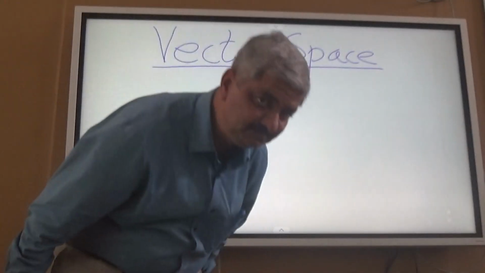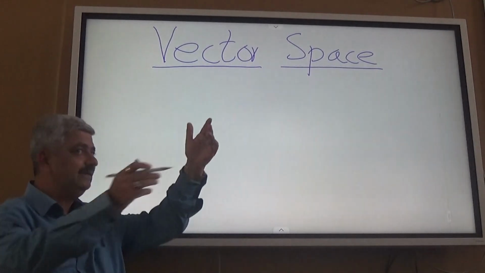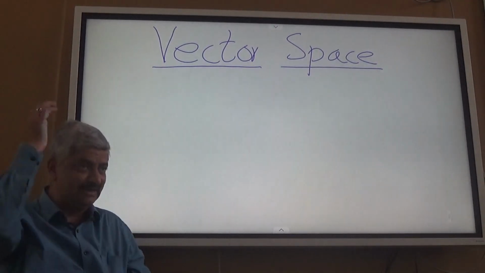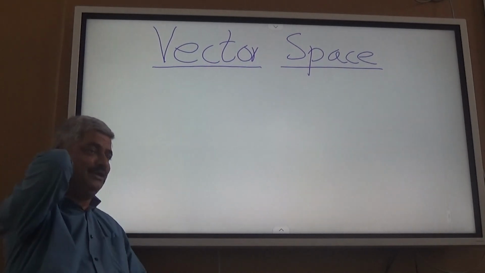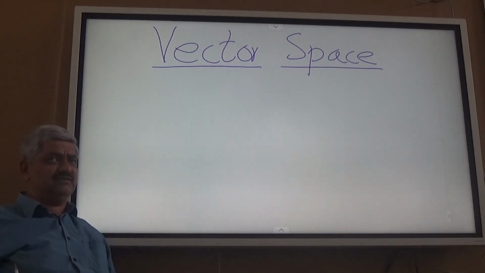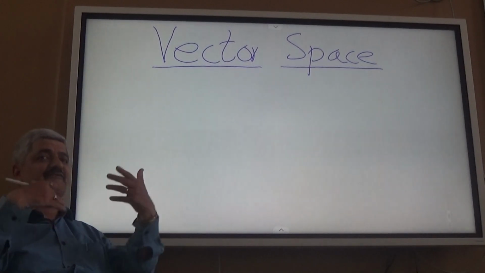You can get a feel of what a vector space is. You might have gone through Strang's lectures, or some of you may have intuition. What is a vector space? What can be the definition of a vector space?